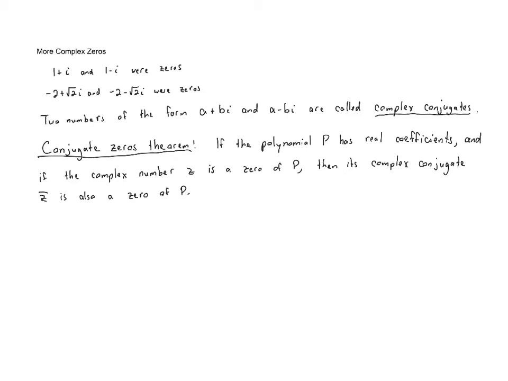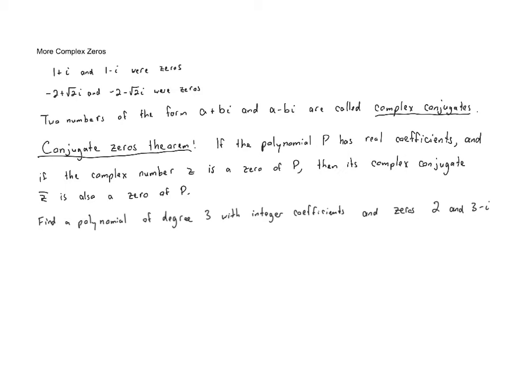So I want to go through just one example and show you how this works. In this example, we will find a polynomial of degree 3 with integer coefficients and zeros given by 2 and 3 minus i.